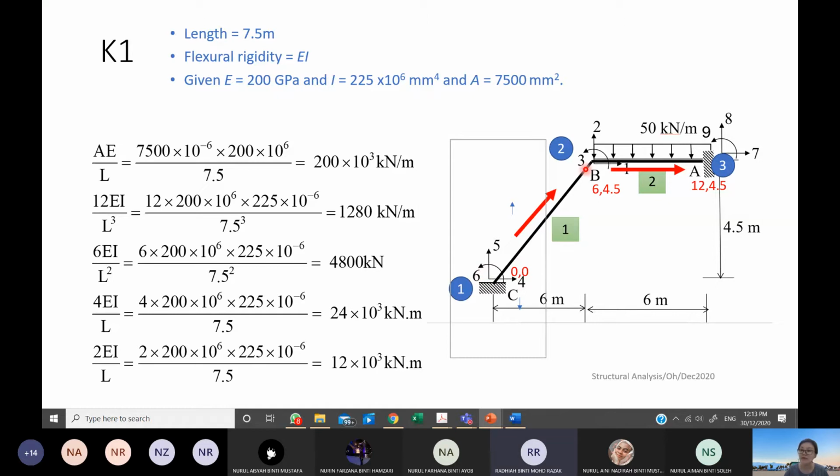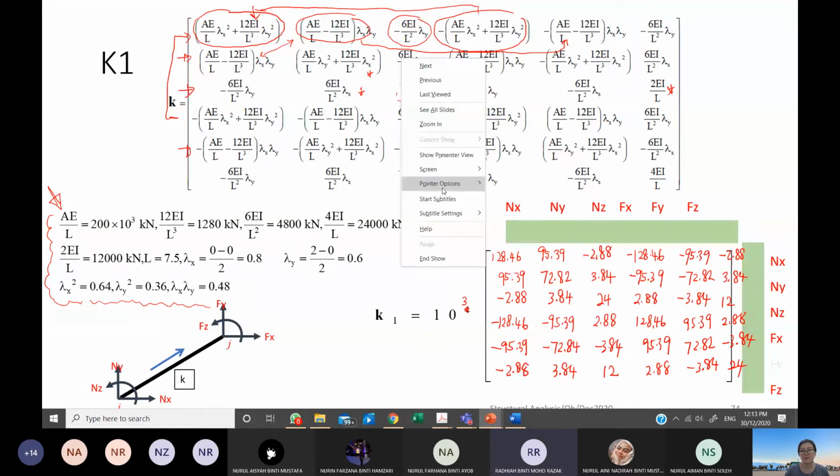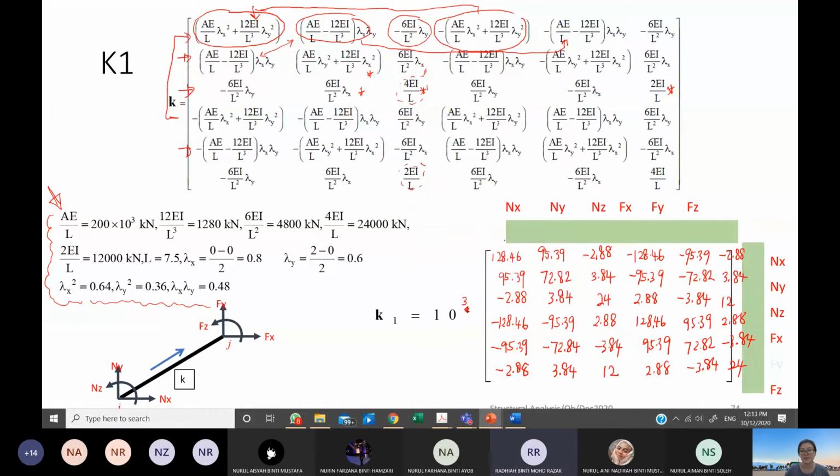Then go to the far end, FX 1, FY 2, and FZ 3. So 4, 5, 6, 1, 2, 3. We need to give a naming like this. So you write it here, 4, 5, 6, 1, 2, 3.